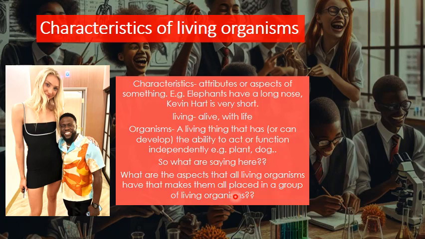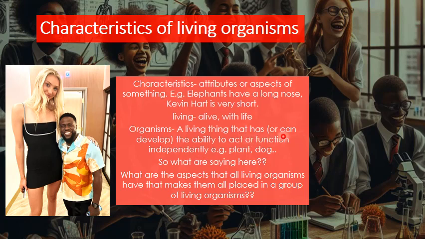It gets its own nutrients from the soil. It converts the water and the carbon dioxide to make carbohydrates in photosynthesis. So it is able to function on its own.